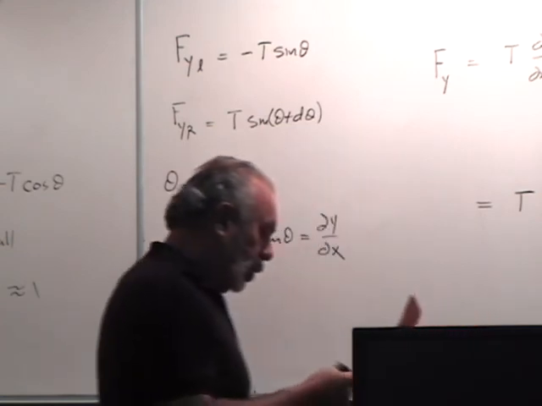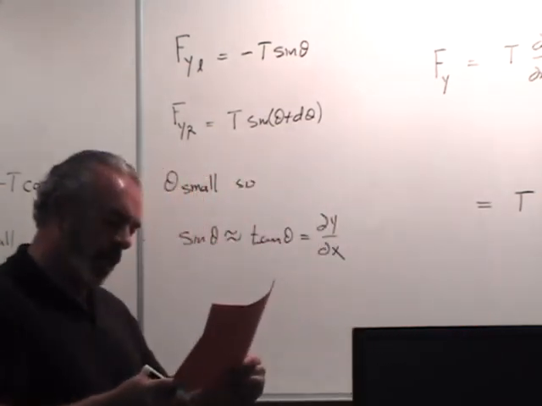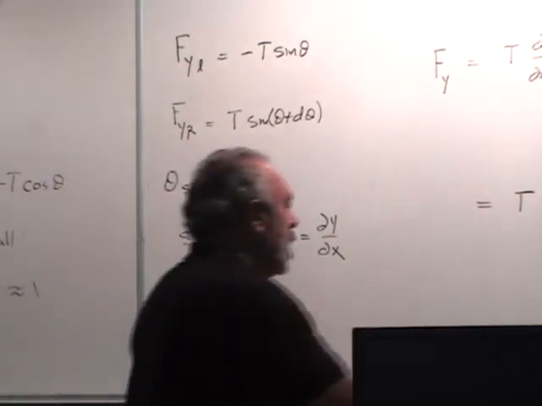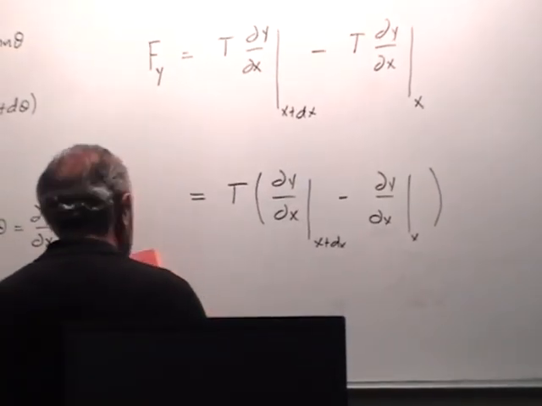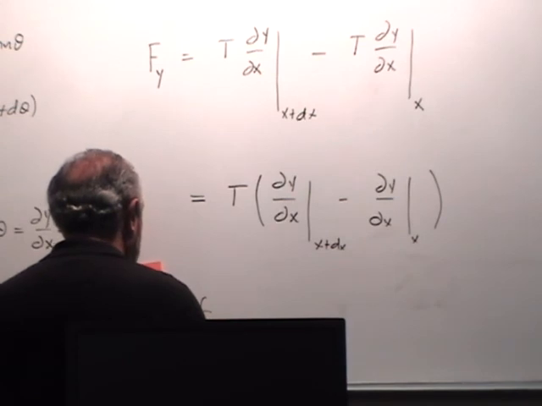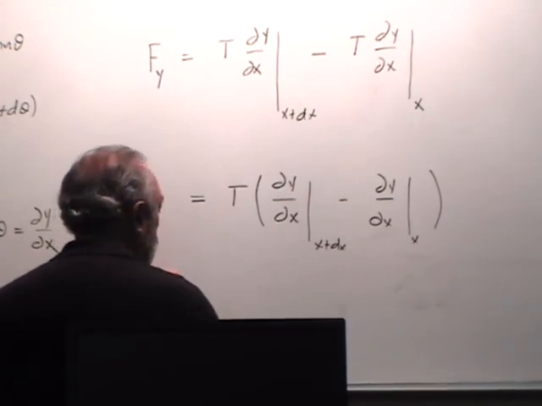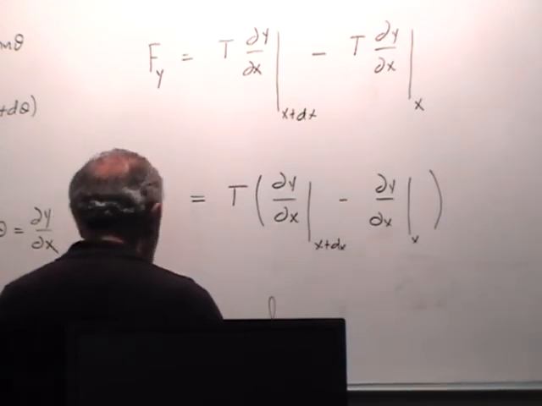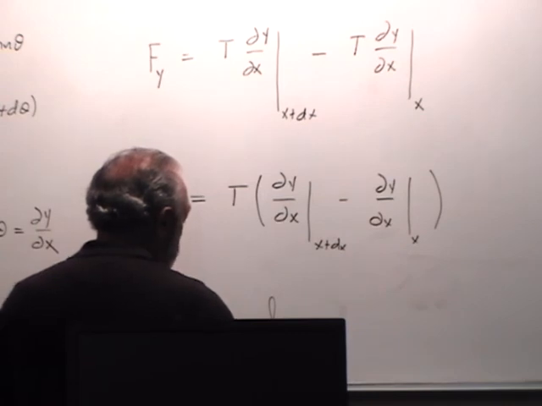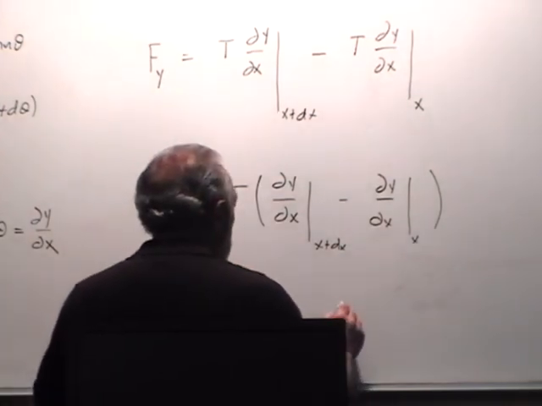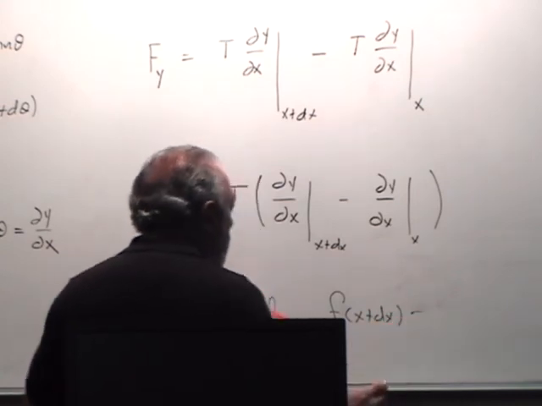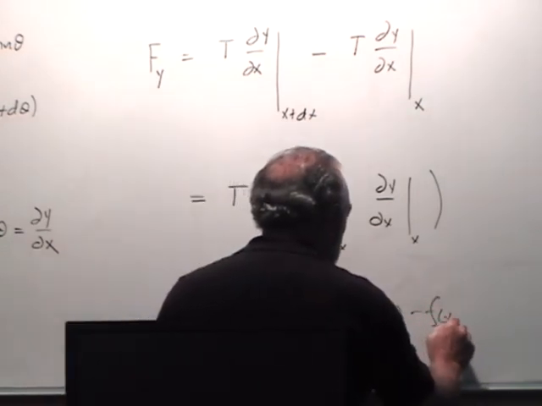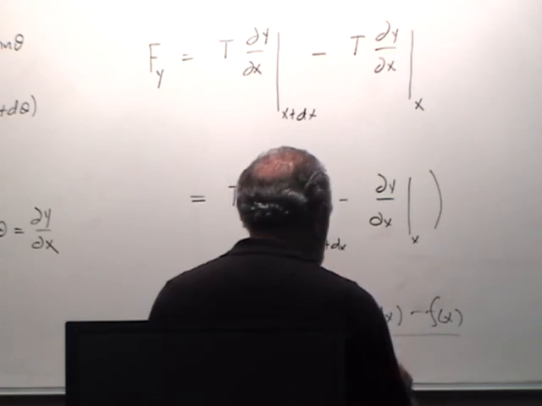And lo and behold, you'll notice, what does it say? Look at Appendix A4. In Appendix A4, or your very good memory gives you that df dx is equal to the limit as dx goes to 0 of f of x plus dx minus f of x, all over dx.